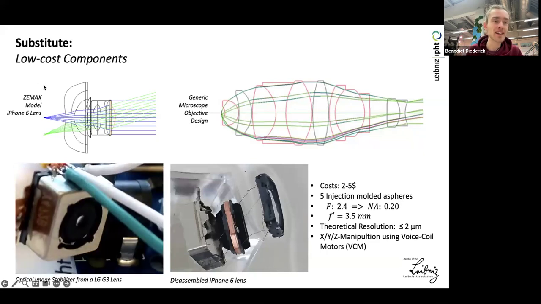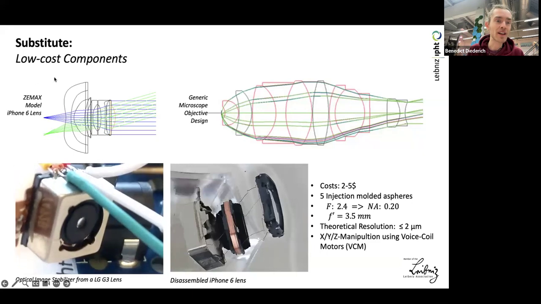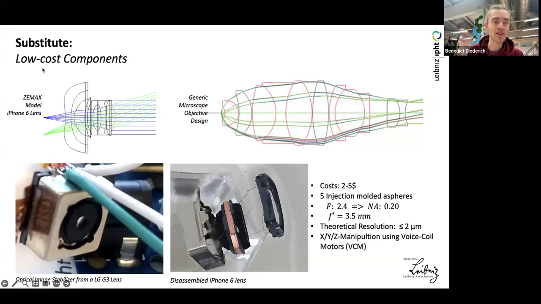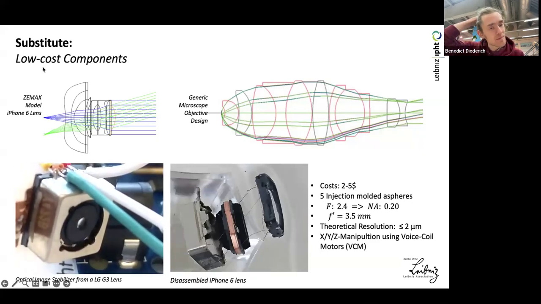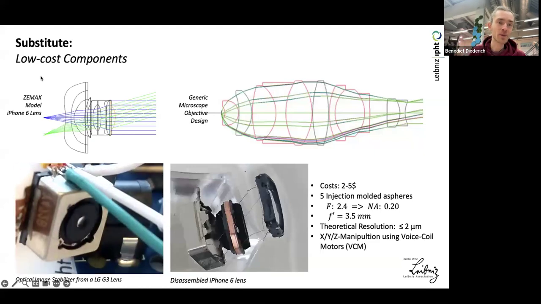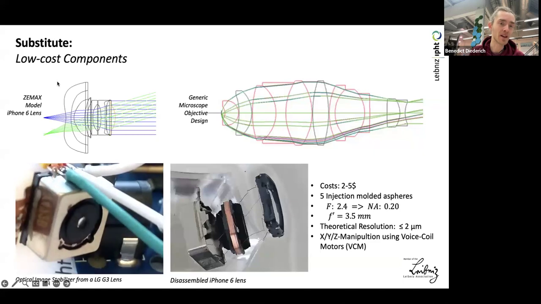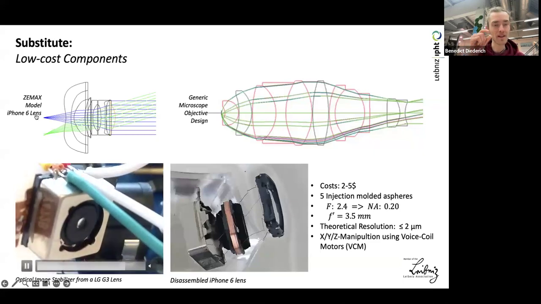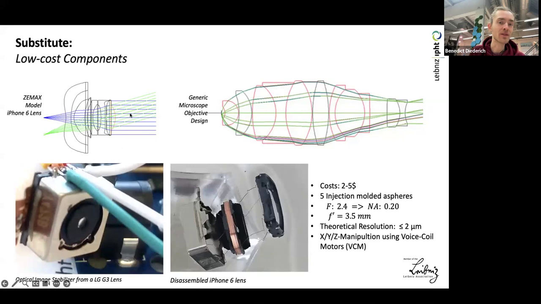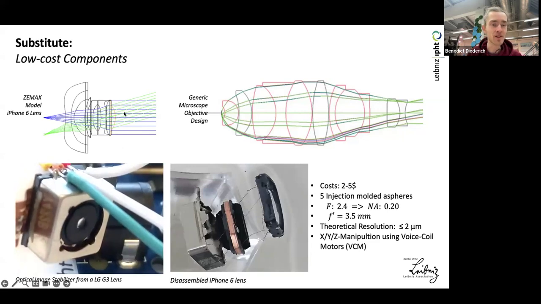It's an aspheric lens to compensate for all kinds of weird artifacts, because they are now not necessarily glass but maybe injection molded, and squeezed together into something less than 2 to 3 millimeters wide to form the images in a very compact design. Then you also have voice coil actuators that do the focusing and the image stabilization, all in a very, very compact housing.